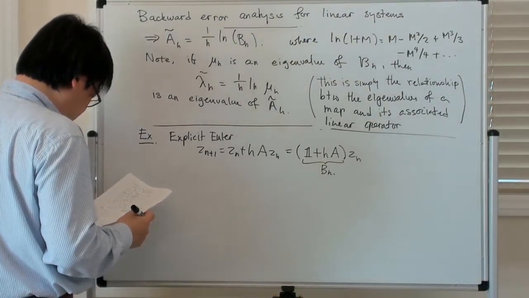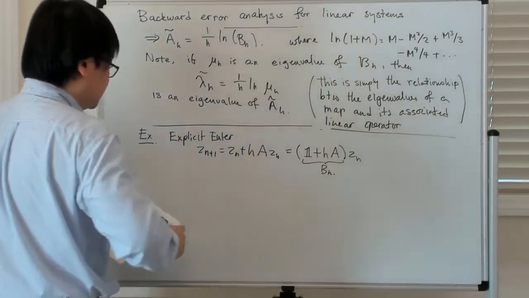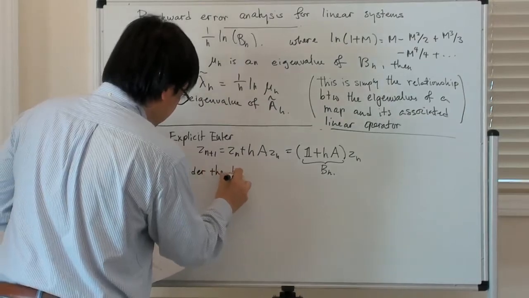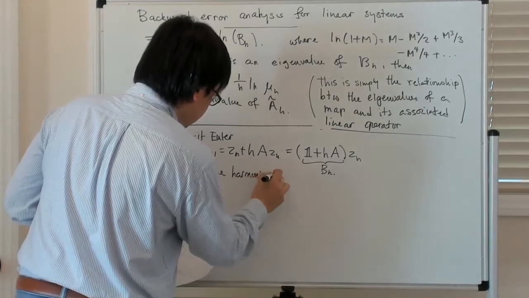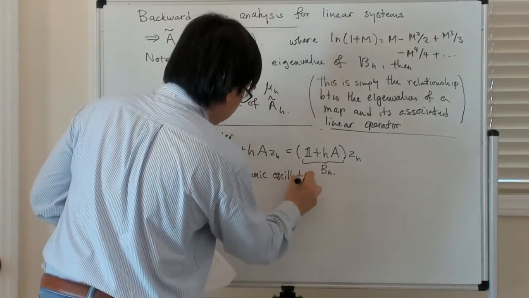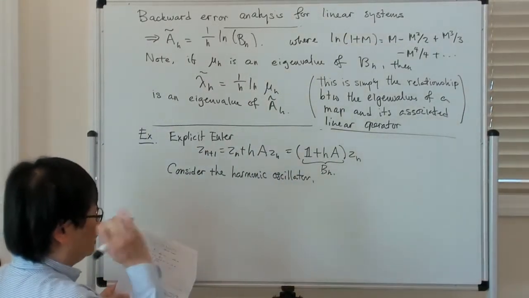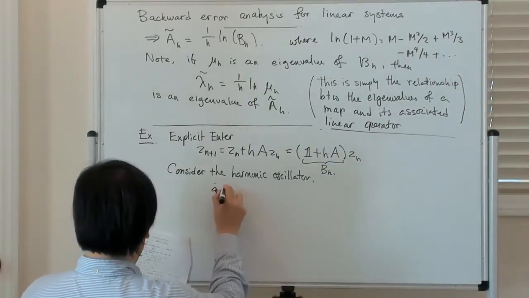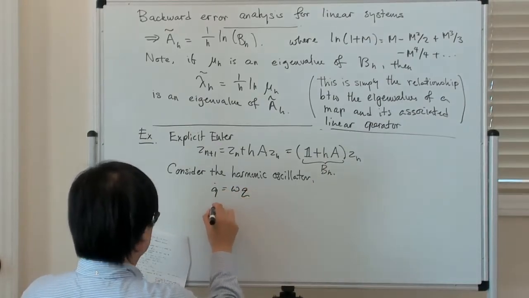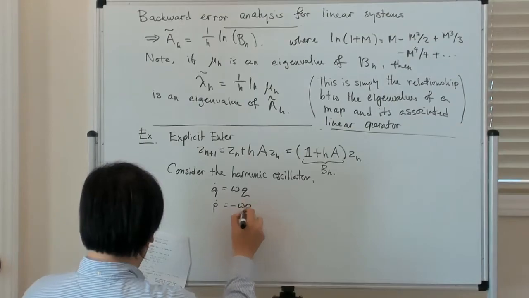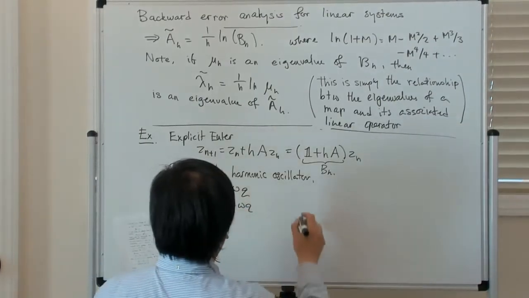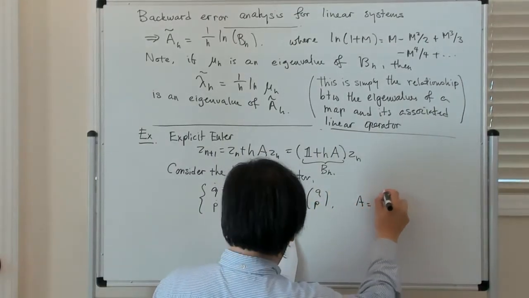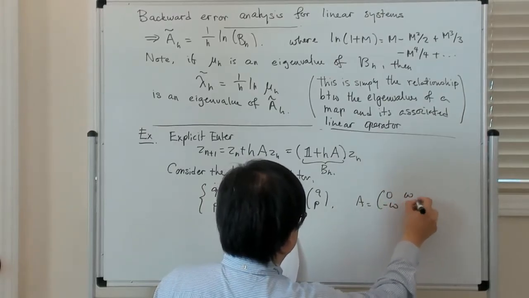Okay, so let's consider the harmonic oscillator. I'm essentially looking at a specific choice of the A. So you have q dot is equal to omega p, and p dot is equal to minus omega q. So z is (q, p), and then A is [0, omega; minus omega, 0].